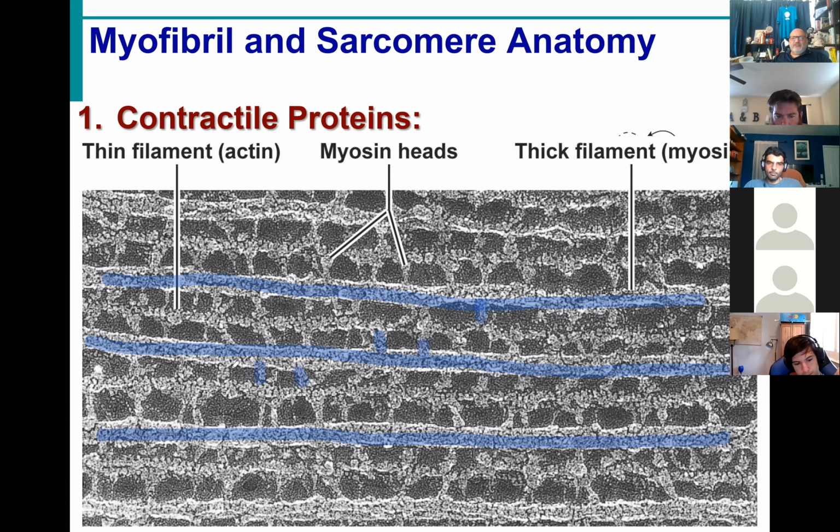So we see all those extensions of the heads, and we see they're attaching to our thin filaments, our actin. And so these are completely interlaced with each other. Myosins are surrounded, I think on average 8 actins surround a single myosin. So we have that structure and organization to it.